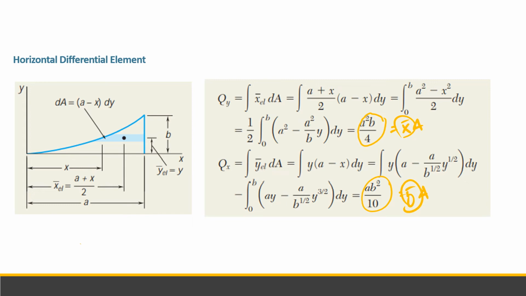So the area is equals to AB over 3. X bar is equals to 3/4 A, and Y bar is equals to 3 over 10 B. So yan yung mga sagot natin. Okay, so ganyan. Yan yung pag-perform ng integration, finding the centroid by integration. So meron siyang ganun yung process niya. So we'll find first the area, and then yung X bar and Y bar using the area by integration.